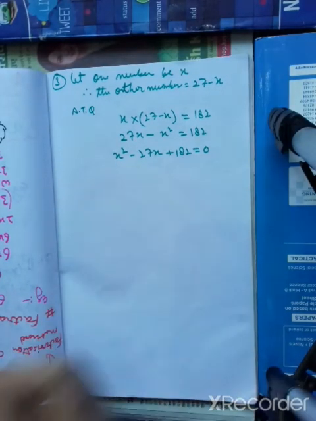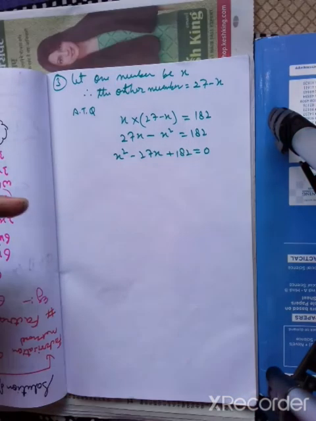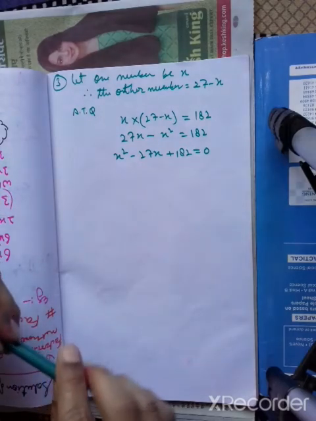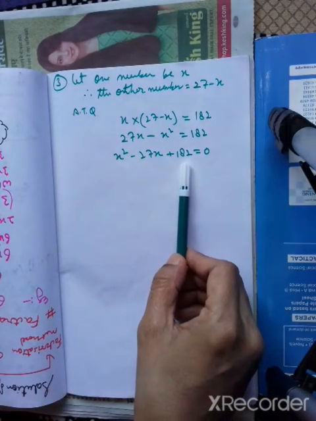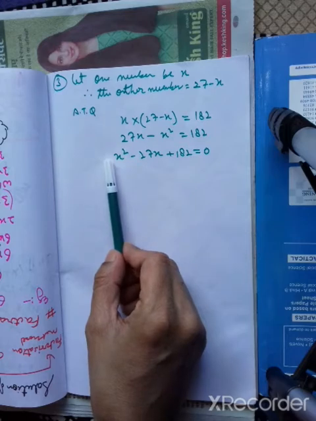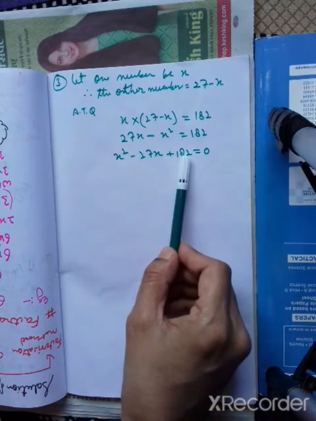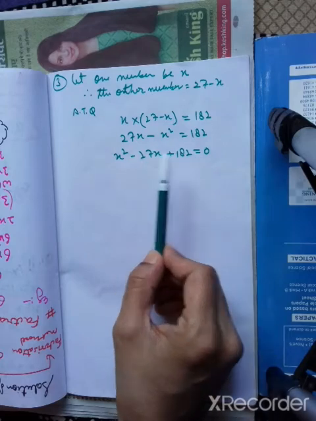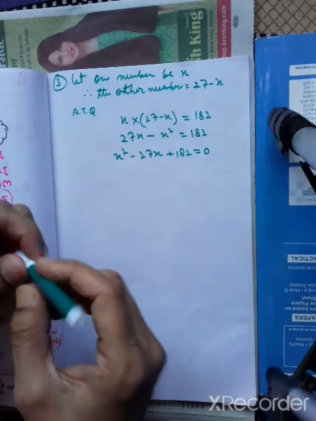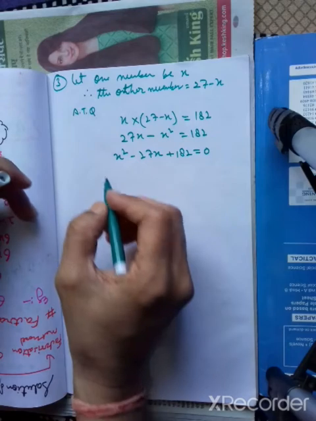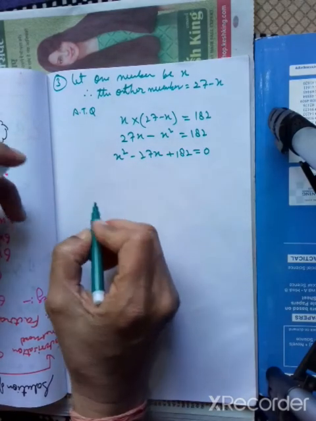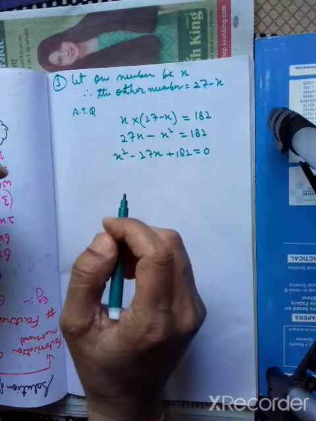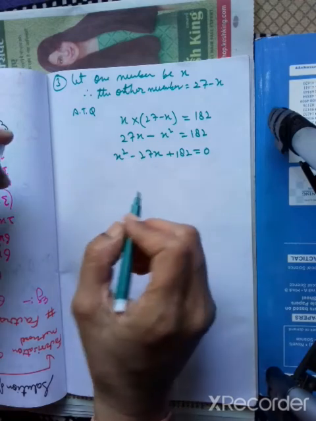Now we are going to solve it. Now you see our constant term is 182 and the coefficient of x square is 1. So by multiplying we need 182 and by adding we need 27. So what are the numbers? They are 14 and 13. 14 plus 13 is 27 and 14 multiplied by 13 is 182.